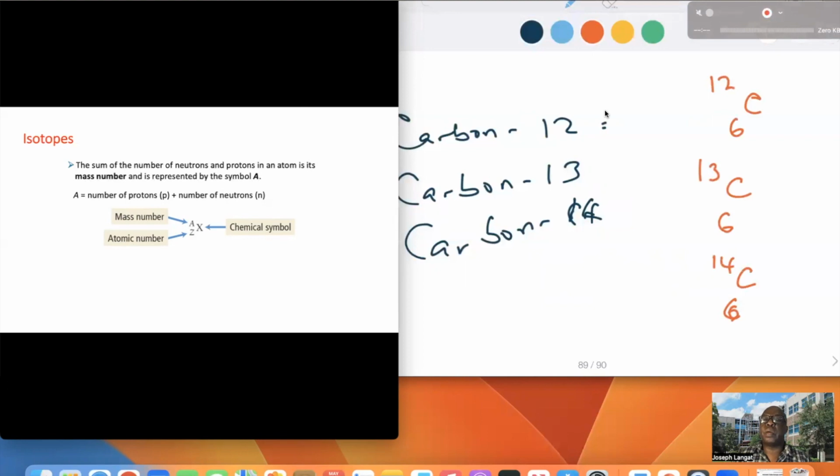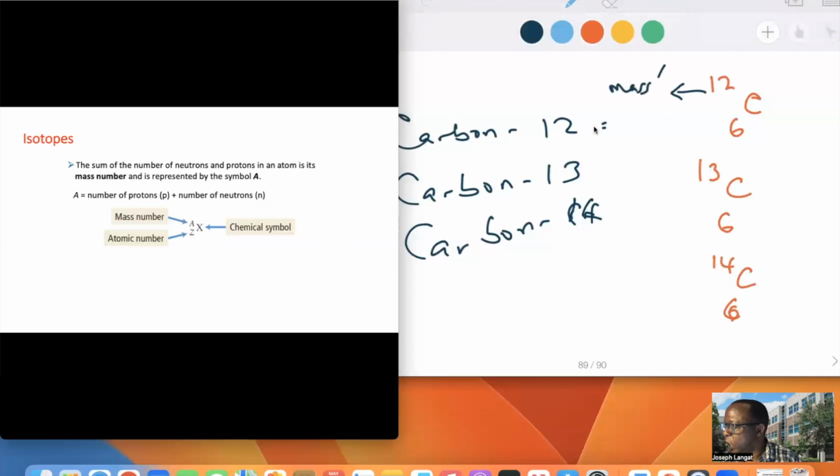In other words, the mass number is the superscript. This is the superscript, the mass number you see here in the notation. This is the mass number. Atomic number, this is the position on the periodic table.